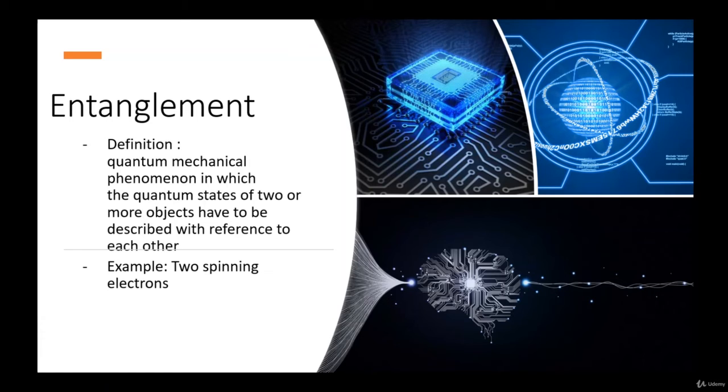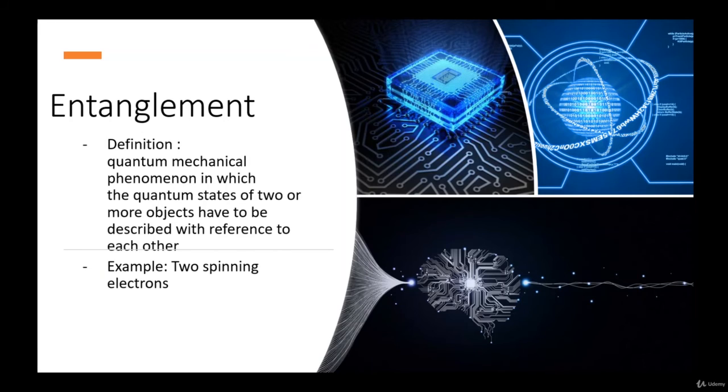In other words, whatever you measure for one electron will give you the opposite measure for the other electron. What happens to one electron will be in direct correlation with what happens to the other electron. This is what you need to understand around this concept.